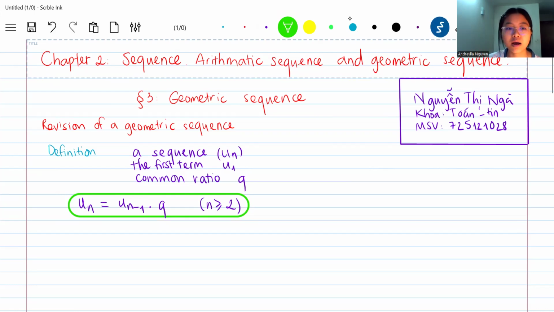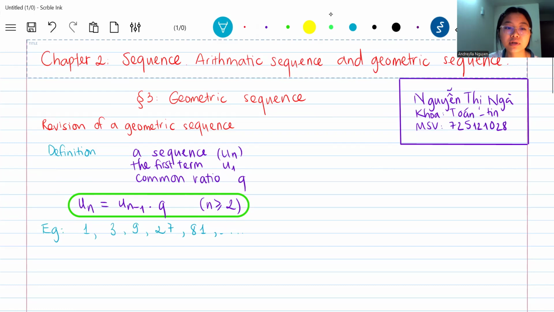For example, I have a geometric sequence here, and I will list its terms: 1, 3, 9, 27, 81, and so on.